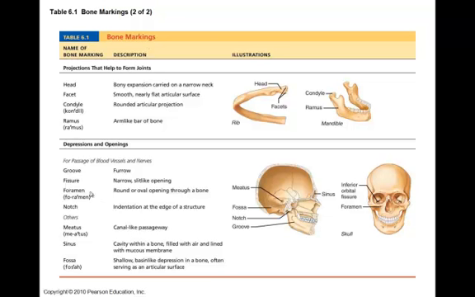grooves, fissures, foramina, notches, these guys are depressions or openings. So you need to look over this table and get familiar with these words because these words are going to come up in lab. They won't so much be words that come up on the test where you have to define these words, but it's handy to know what a foramen is so you don't just memorize the word foramen.